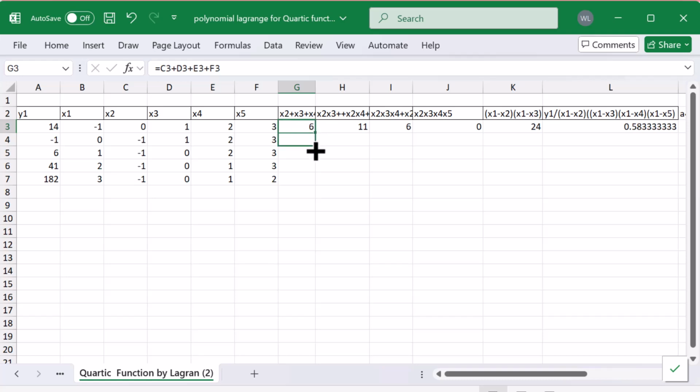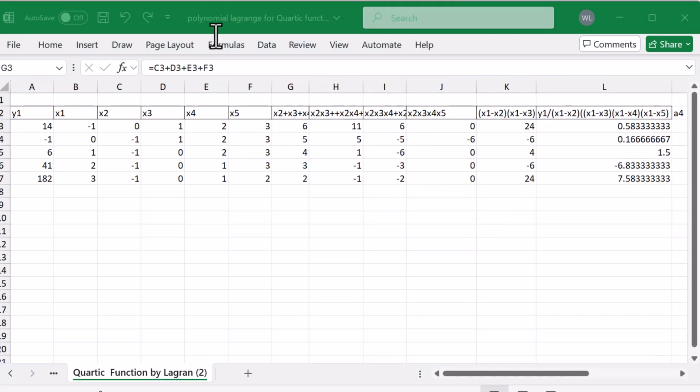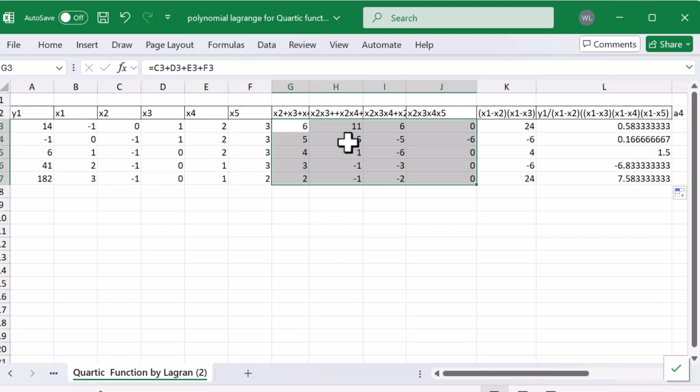See this plus going down. We got this answer. We will do the same thing for column H to L. Now let's copy this to our table.